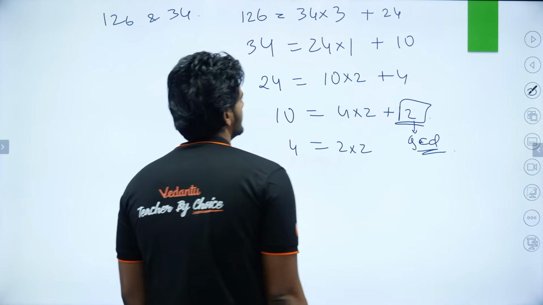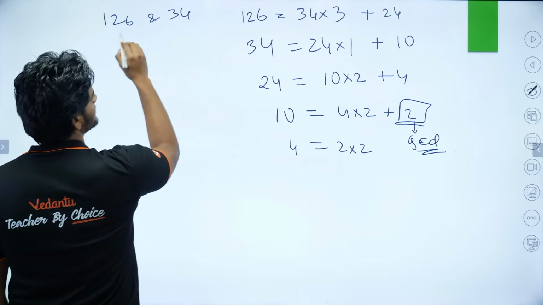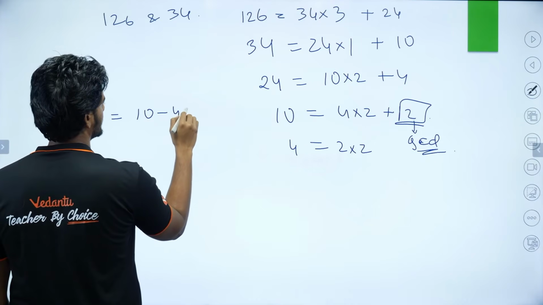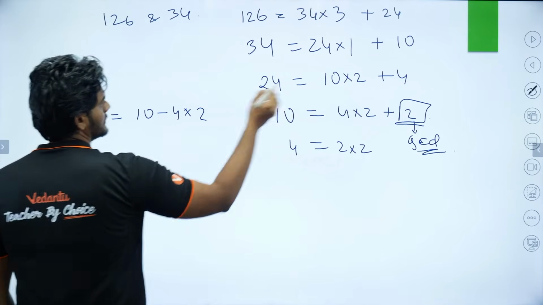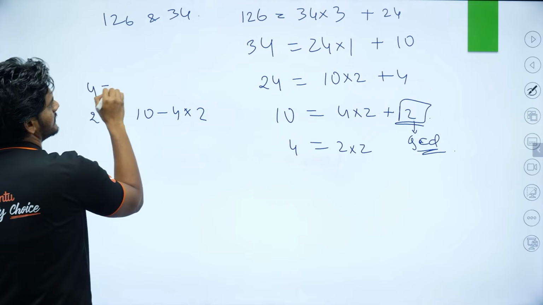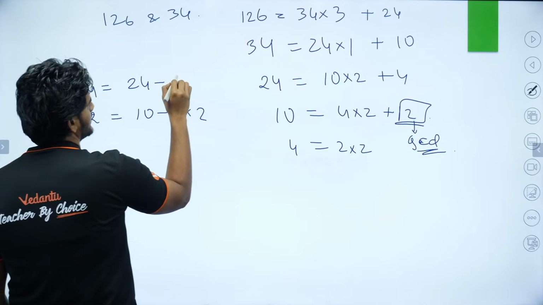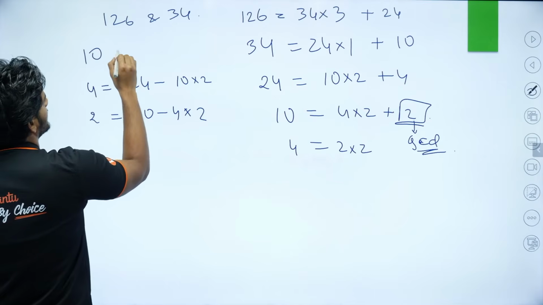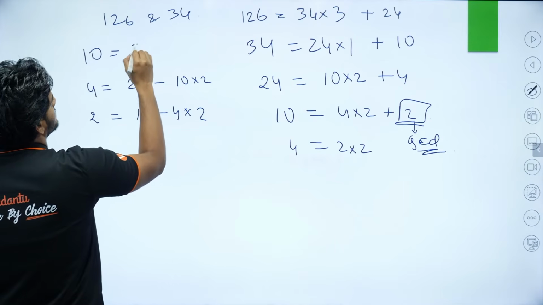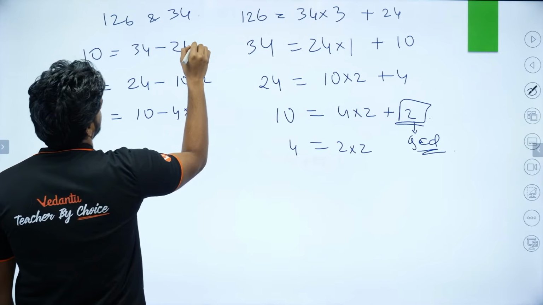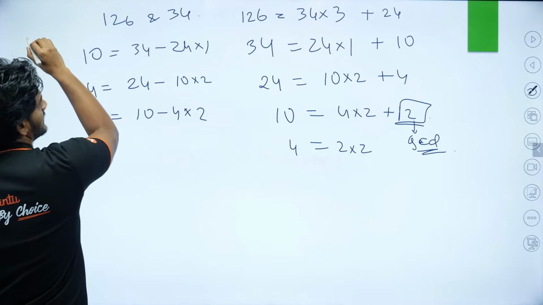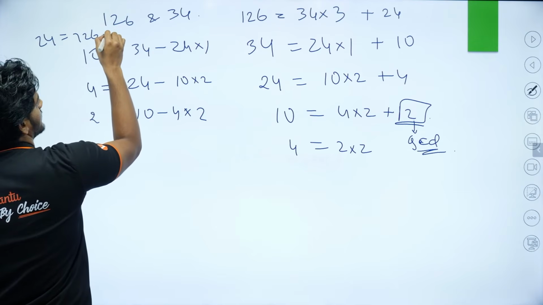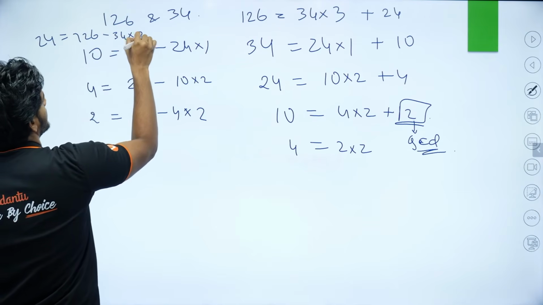Now write each of these. Here you can write 2 is equal to 10 minus 4 into 2. Here you can write that 4 as 24 minus 10 into 2. You can write the 10 as 34 minus 24 into 1, and you can write at the end 24 as 126 minus 34 into 3.